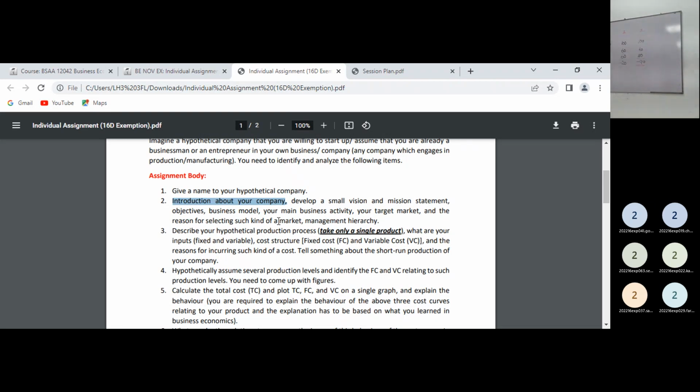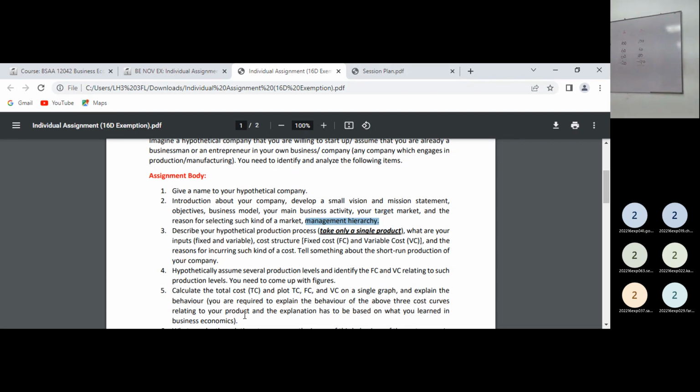Your target market. And reason for selecting such kind of a market. If you pick only bridal dresses, you need to justify why you picked that one. If you consider office wears, you need to justify why you picked that one. Likewise, and the management hierarchy of your organization. Clear? Very simple, no?